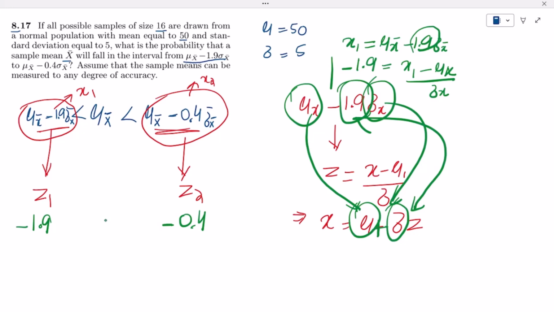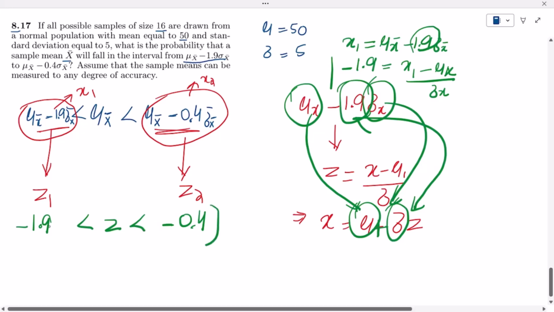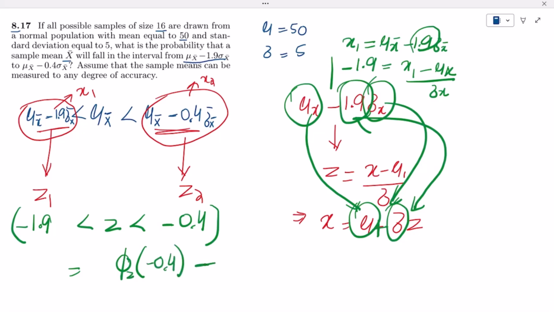So as these are the values of z, z is greater than minus 1.9 and less than minus 0.4. And to find the probability between them, I have to find the probability of z of minus 0.4, and from it subtract the probability of z of minus 1.9. For it I have to use the z distribution table.